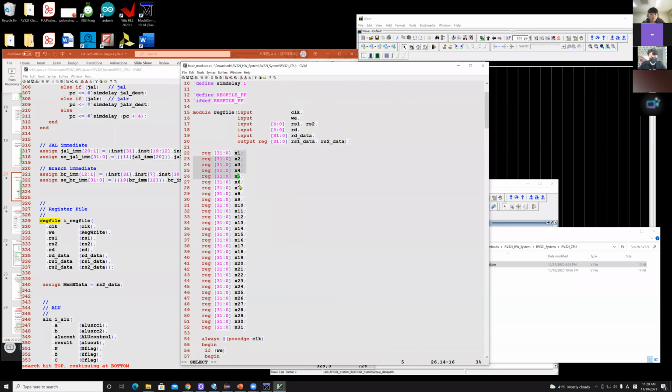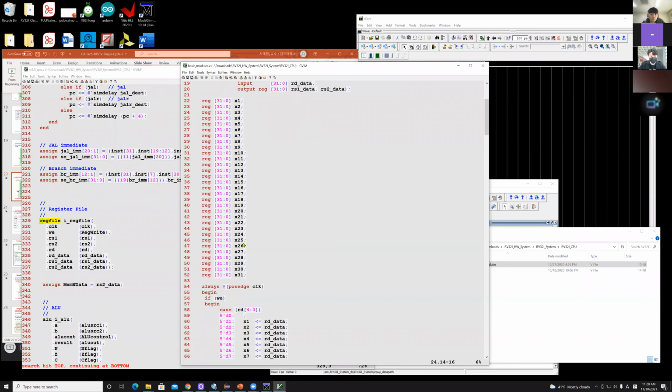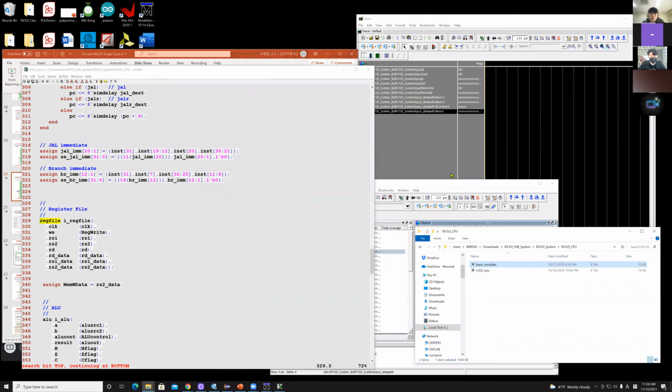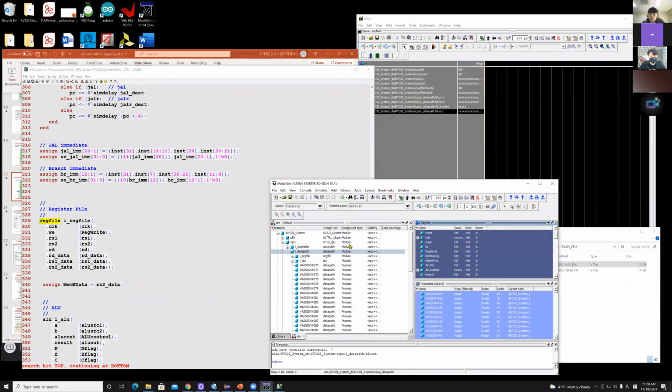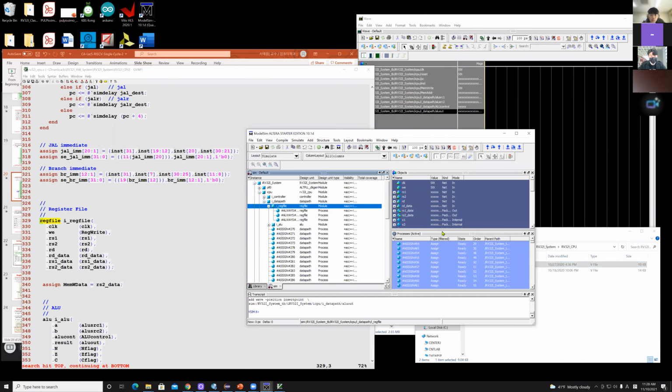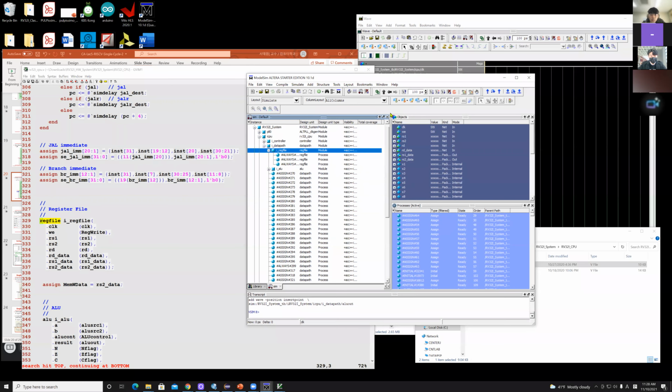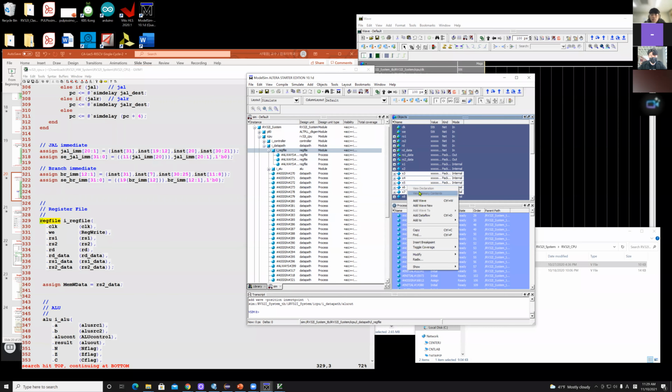So you can observe everything, right? X1, X2, those signals, those registers. You can go into reg file. Then we have everything, right? So let's check out X1, X2, X3, those registers.